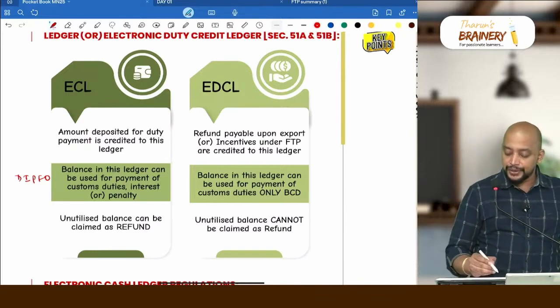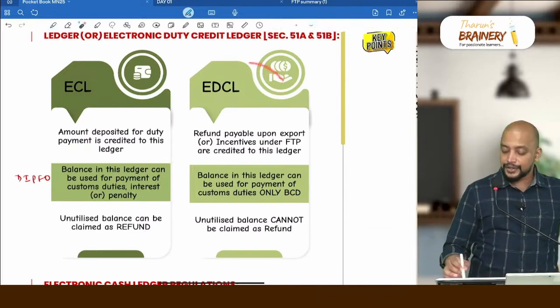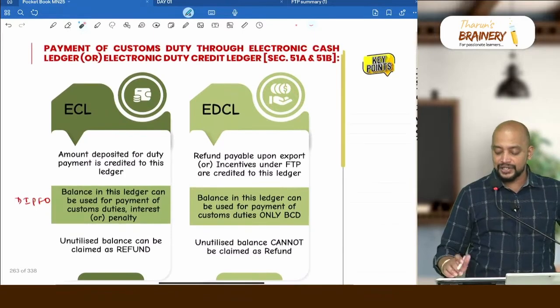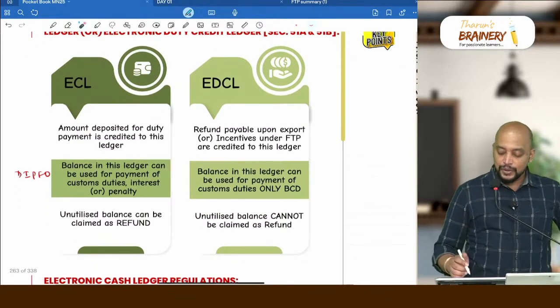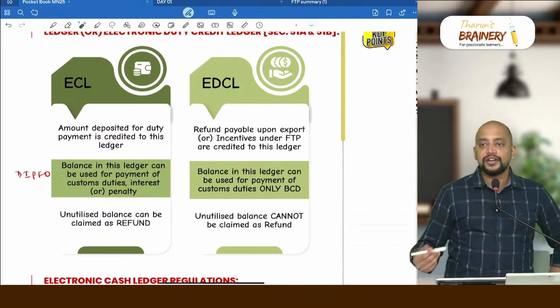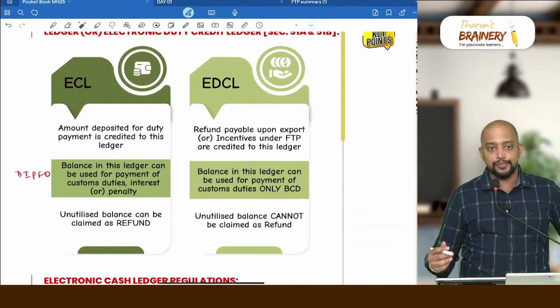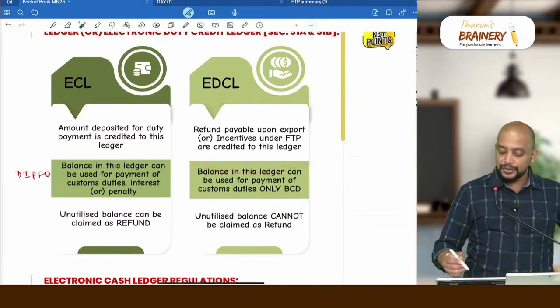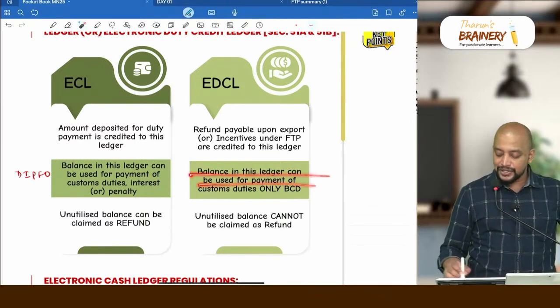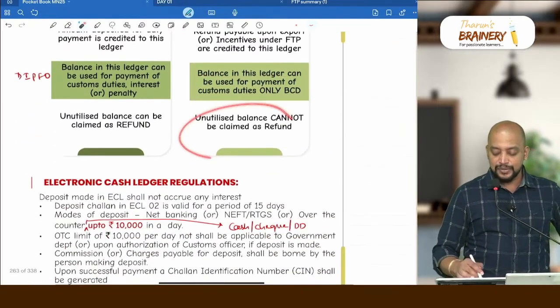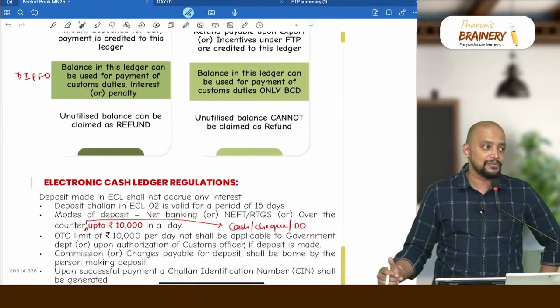But the electronic duty credit ledger regulations and the electronic duty credit ledger are given in sections 51A and 51B. Whenever we claim any refund upon export, like duty drawback or any incentive under the foreign trade policy, that will be credited to this ledger, and the balance can be used only for payment of basic customs duty. The unutilized balance cannot be claimed as a refund.